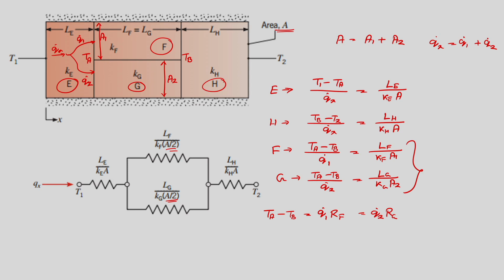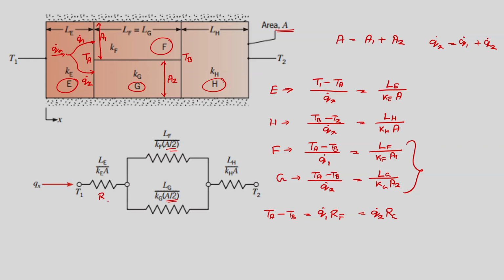Now, how do we get an equivalent resistance for this particular layer? Just like in an electrical circuit, we can do the same in this case. This resistance is your R E, this is R H, this is R F and this is R G. So, first let us form an equivalent for this F and G part.